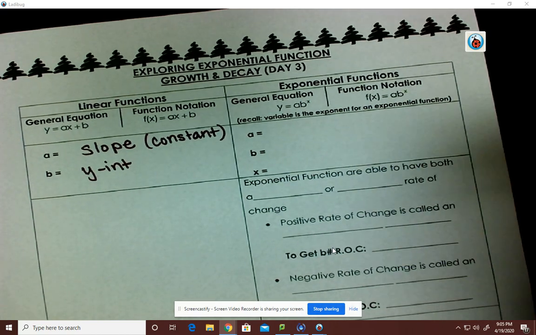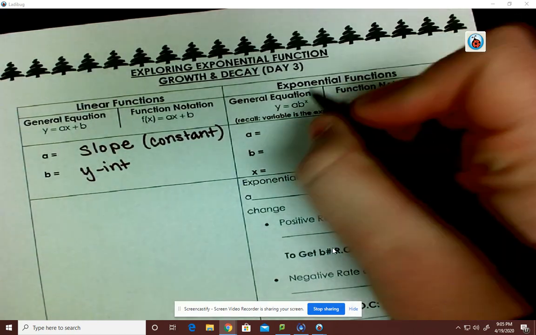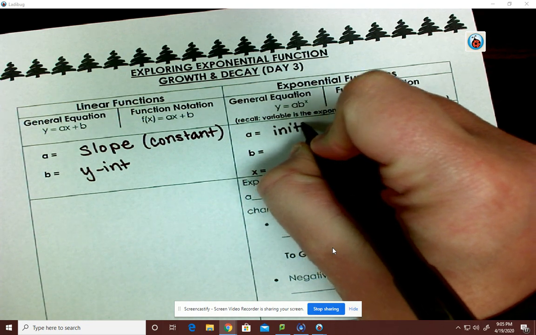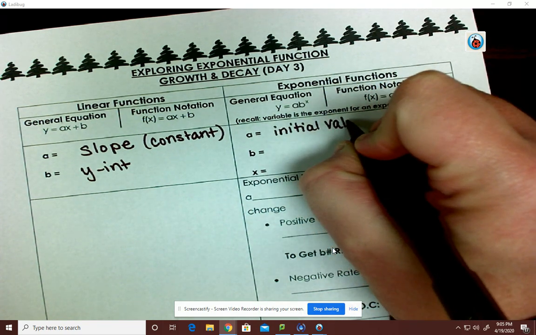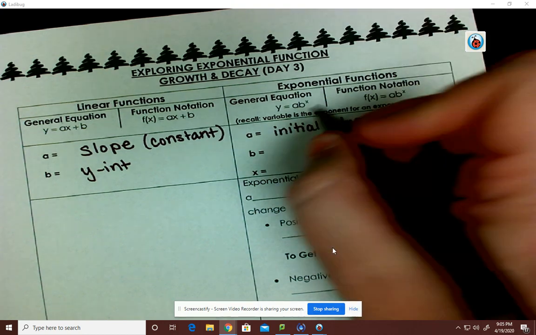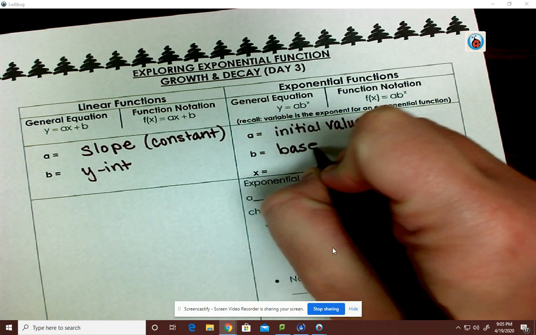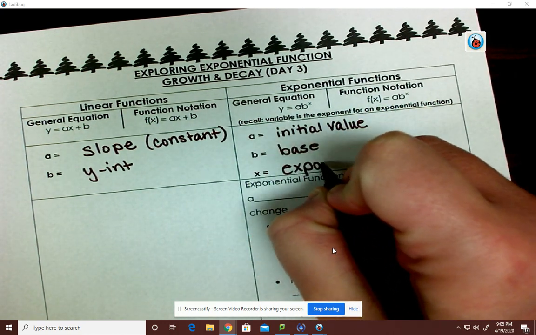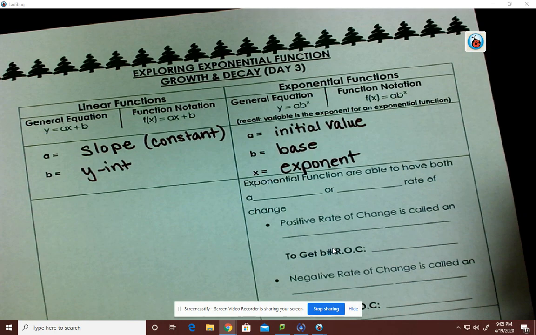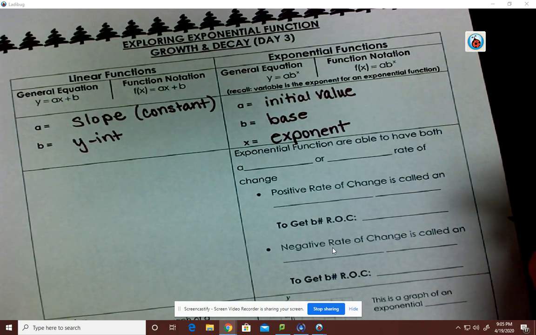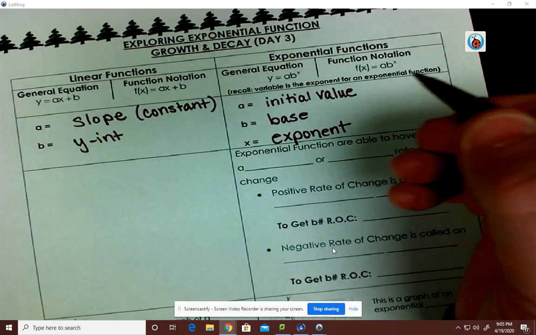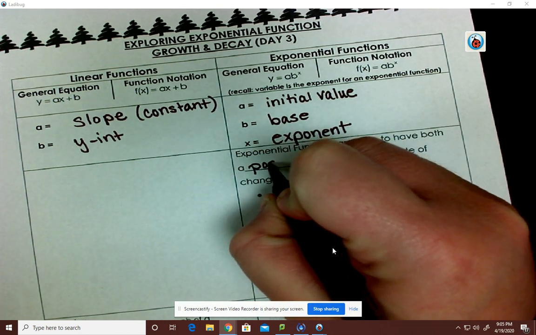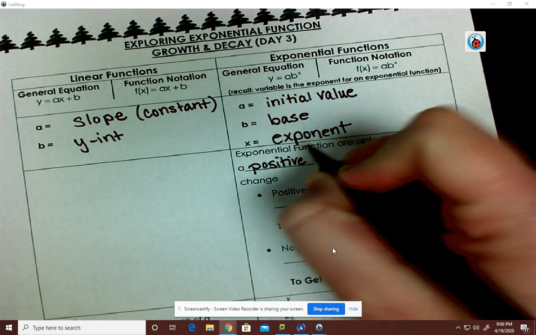Exponential: a is what we call our initial value, so when x equals 0. b is our base, and x is our exponent, which we've already talked about in the past. With exponential functions, you're able to have either a positive or a negative rate of change, just like you do with linear.